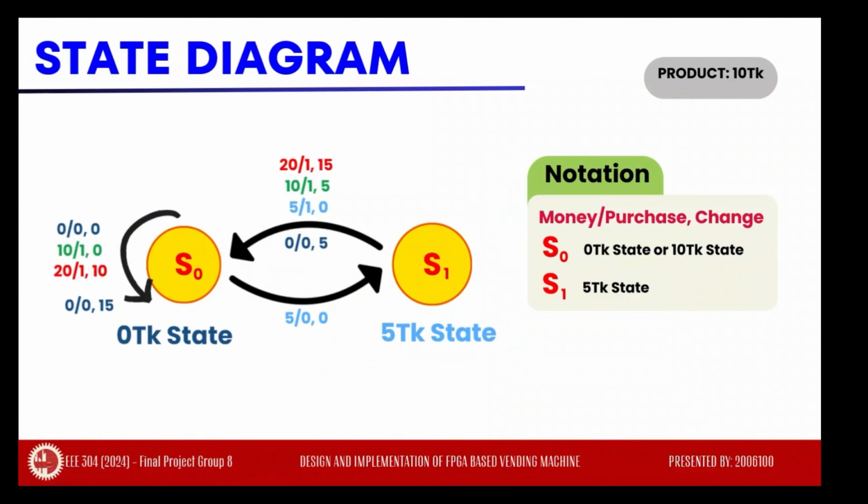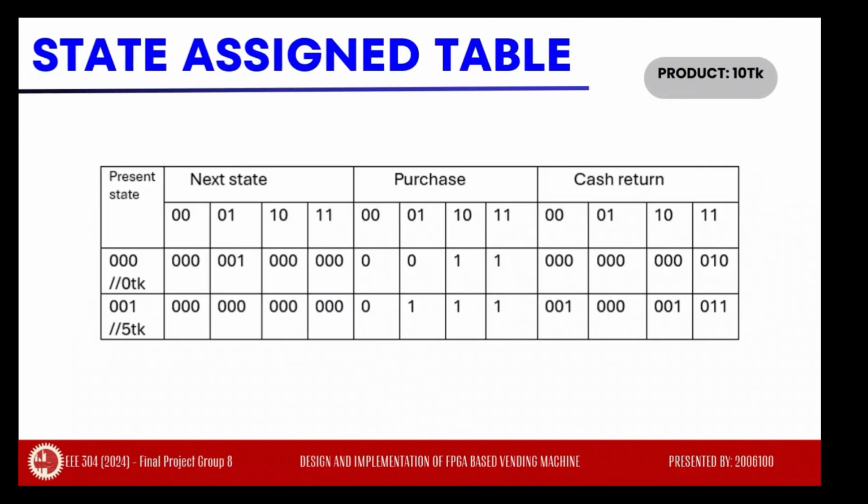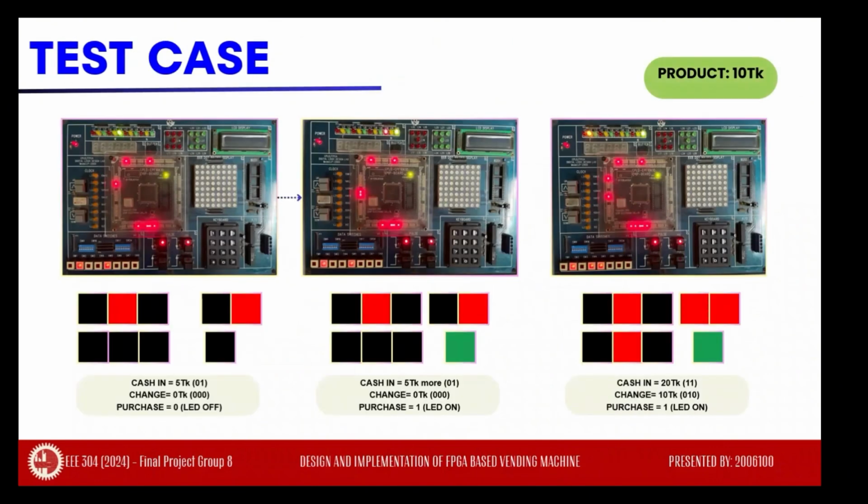The state diagram is drawn for the 10 taka product, which contains two states, 0 taka and 5 taka. As it is a Mealy-type FSM, the output depends on every input, which is shown here. The state table and state assign table are also shown, which can help us further to implement the sequential circuit in hardware. We observed two test cases for the 10 taka product.